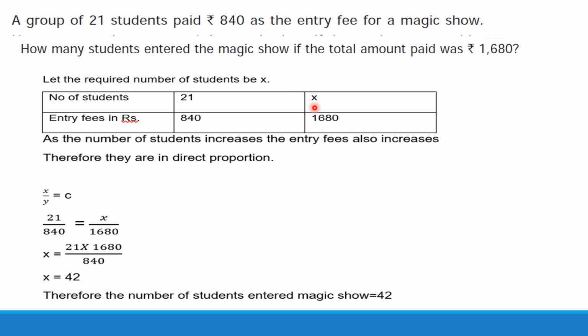So 21 into 1680 by 840. Zeros cancel. Then 4 and 168 cancel. 1, 4 is 4, and 4 2s are 42. X equal to 42. So therefore the number of students who entered the magic show equal to 42.